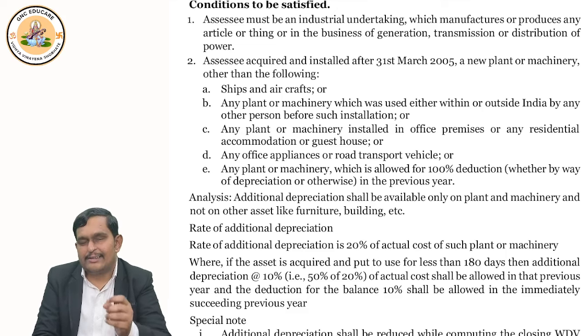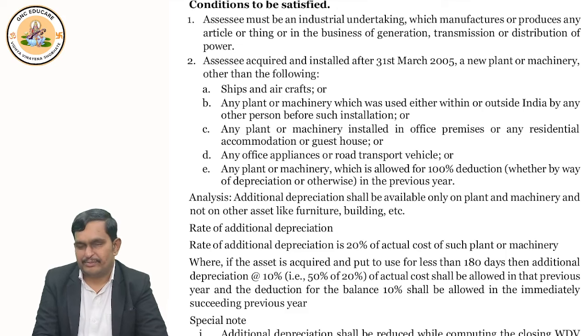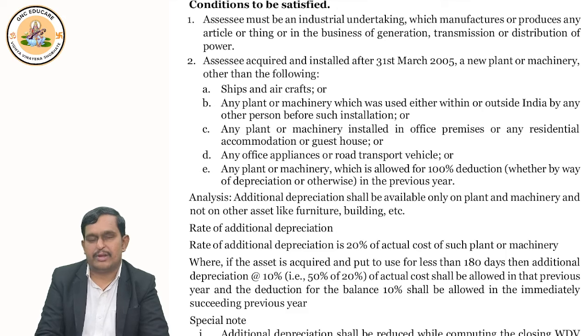So no additional depreciation here. So if you are claiming deduction under section 35 for scientific research or for a specified business under 35AD or under any other section, and 100% deduction is claimed, then no additional depreciation. This way you should be able to remember.